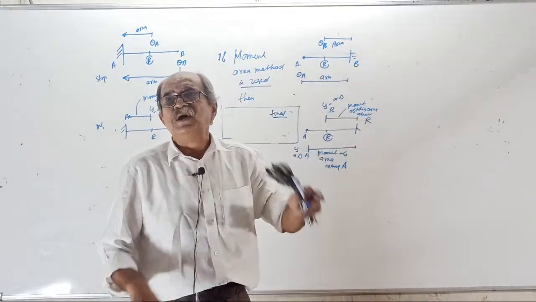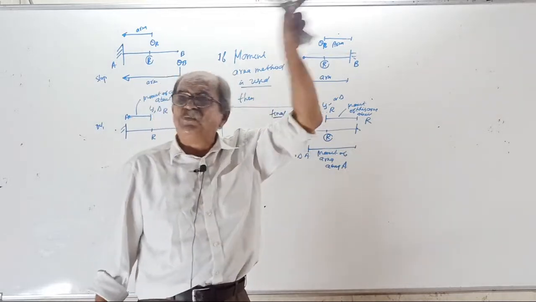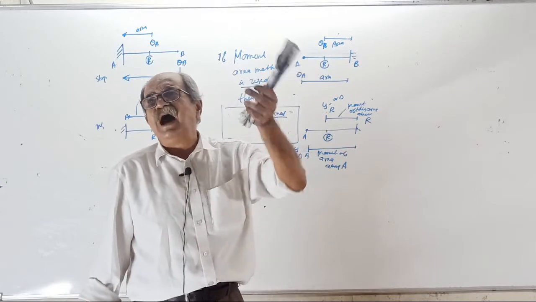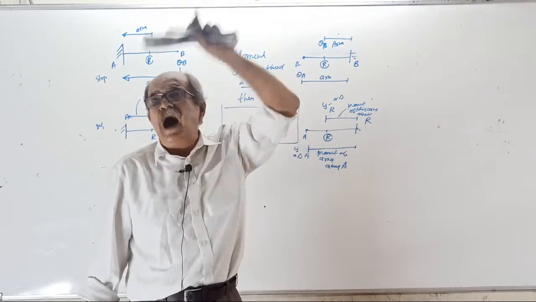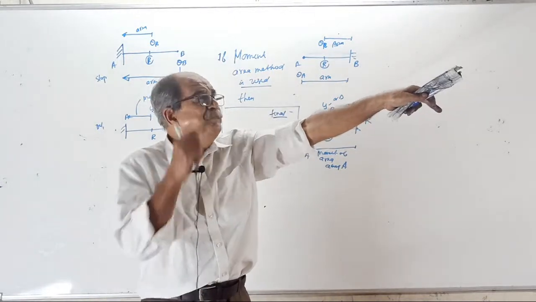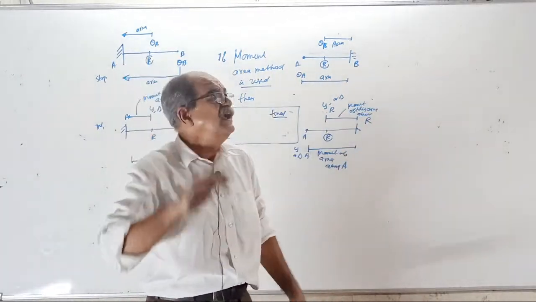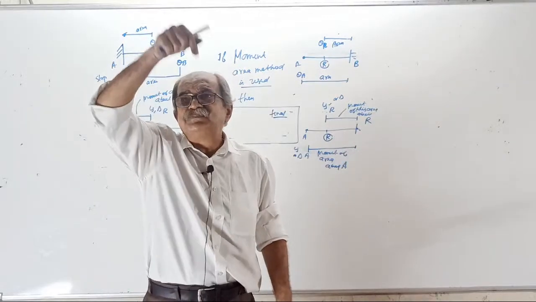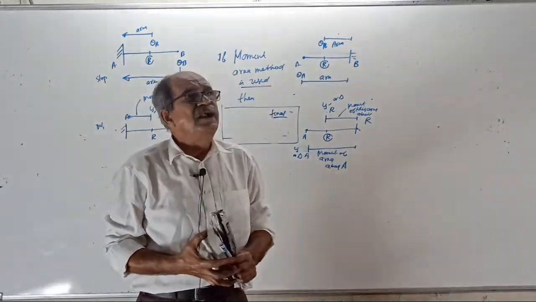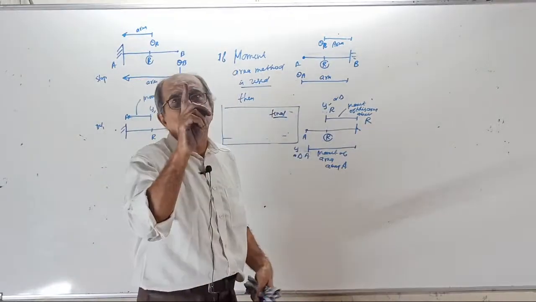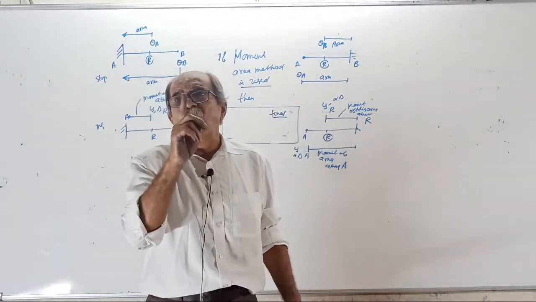If you want slope, take the area from that point to the fixed end. If you want deflection, take the moment of the area from that point up to the fixed end. I had a slip of the tongue about the fixed end, I corrected it, but it is about that point. Where you want deflection, the moment should be about the point where you want deflection.